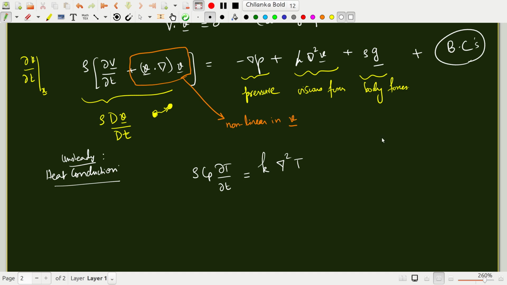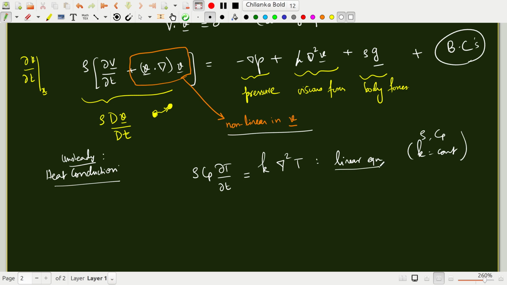Now, the heat conduction equation is a linear equation, assuming K, rho and Cp to be constants of the material. Whereas the Navier-Stokes equation, in the presence of the convected acceleration term, is a nonlinear equation.